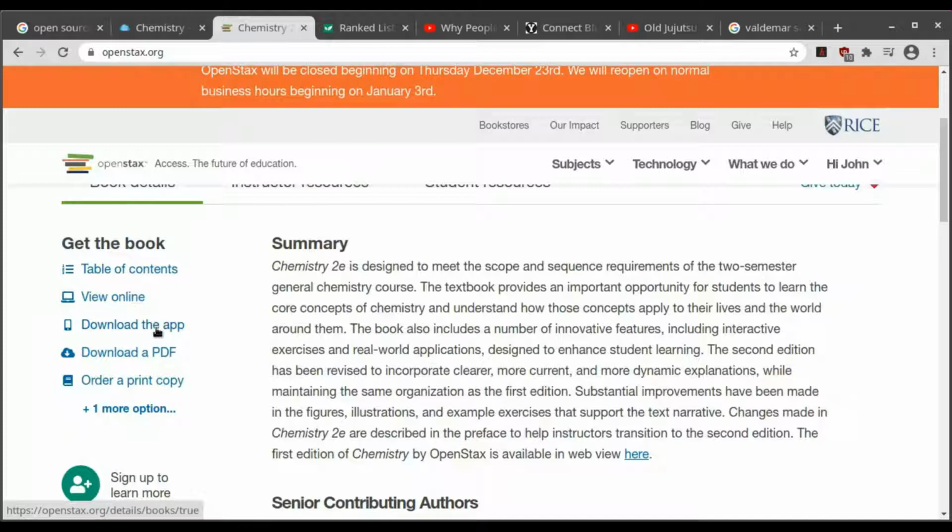You can access this book through an app, through downloading a PDF or ordering a print copy. We're going to use the view online option. I like that better because I've experimented with the app and I don't know exactly how to use the note-taking feature with the app, if it even works.